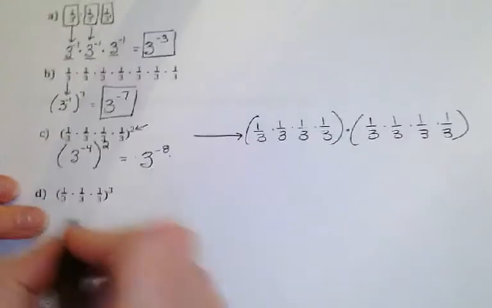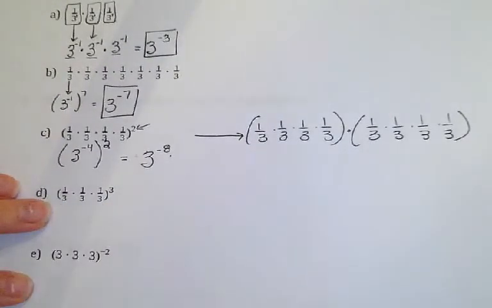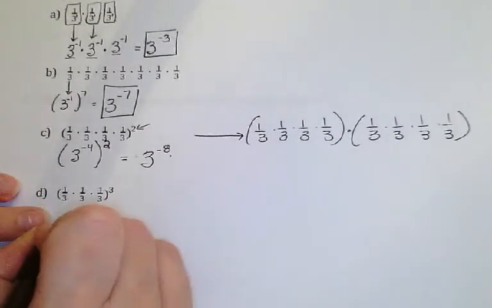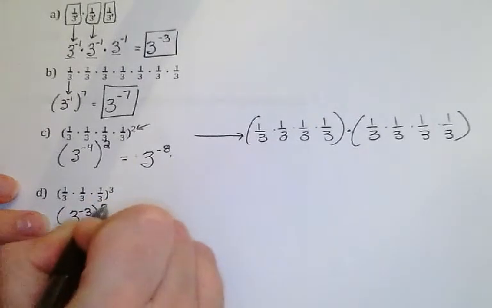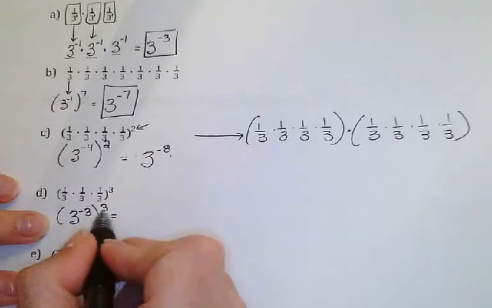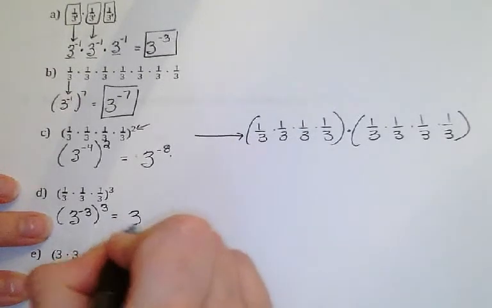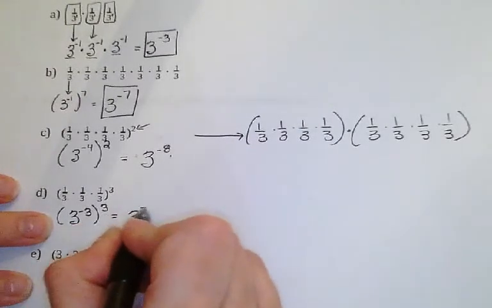For part D, how many do you see? 3, right? So this here inside the parentheses would be 3 to the negative 3. And then for the power of a power, you need to multiply the powers. Negative 3 times 3 is negative 9.